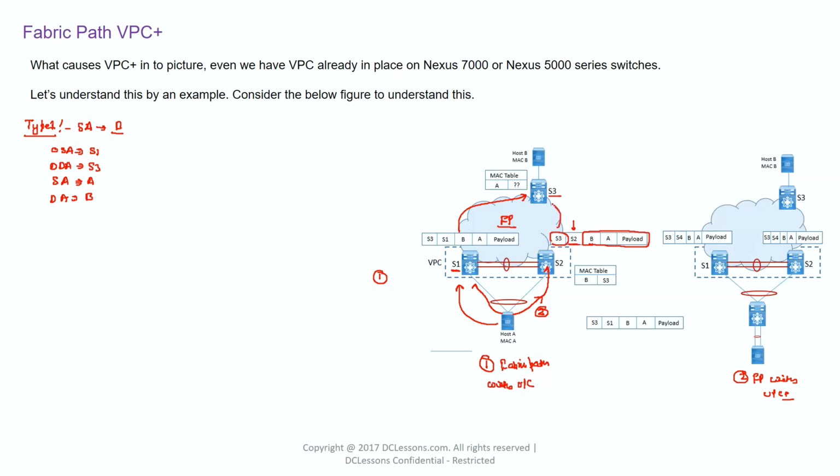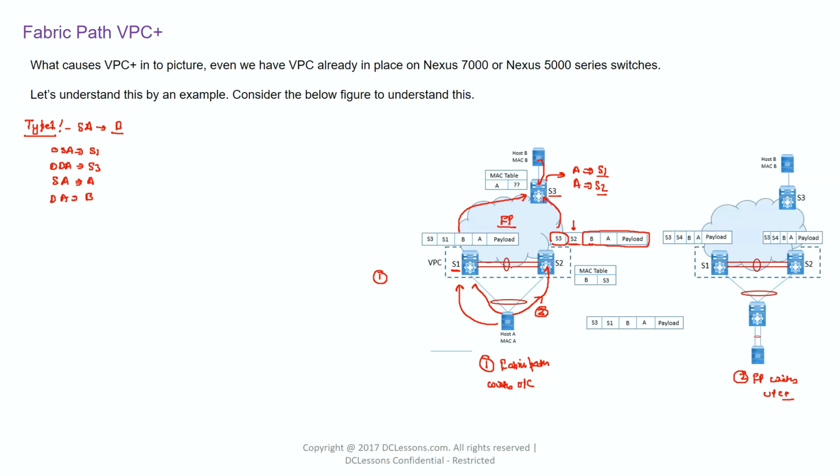Now switch 3 will see that MAC A is reachable via S1 and also via S2. So if the host replies, whether to switch 1 or switch 2, switch 3 will send a packet. This can cause a MAC flap issue.